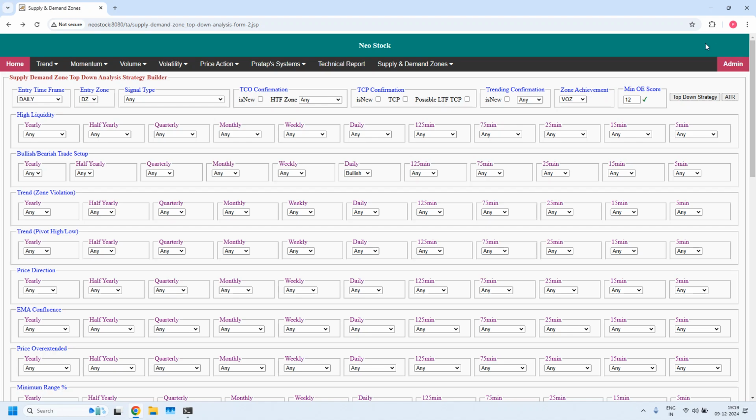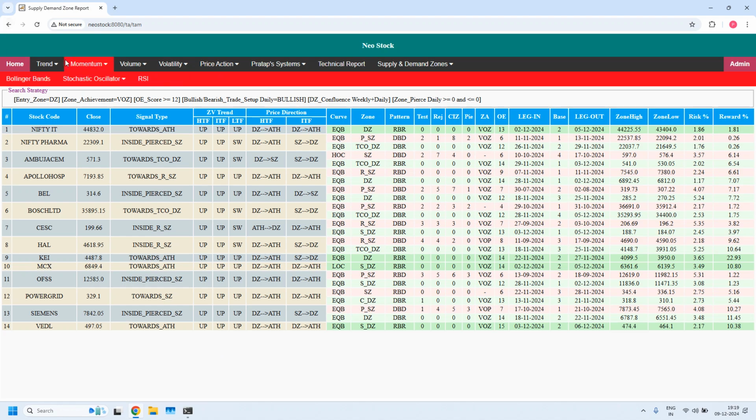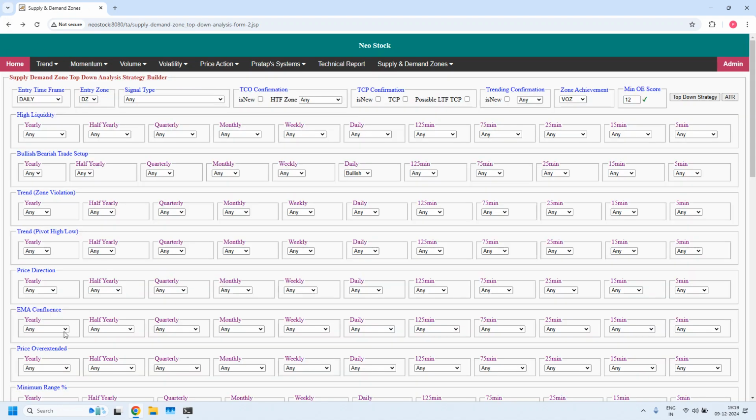With this filter, out of those 19 stocks, we got 14 stocks. In these 14 stocks, the daily demand zone is part of the weekly demand zone. And a weekly trend, that is ITF trend, is uptrend. So let us look for weekly EMA Confluence, because daily zone is part of weekly zone.